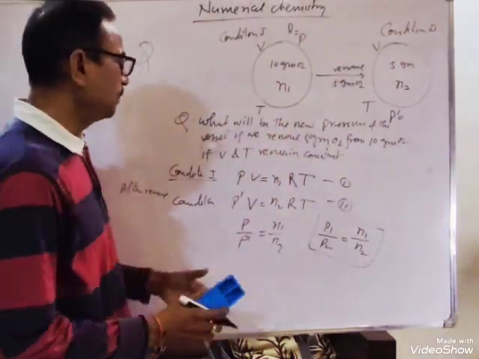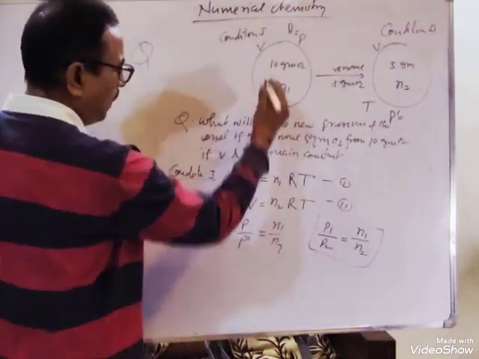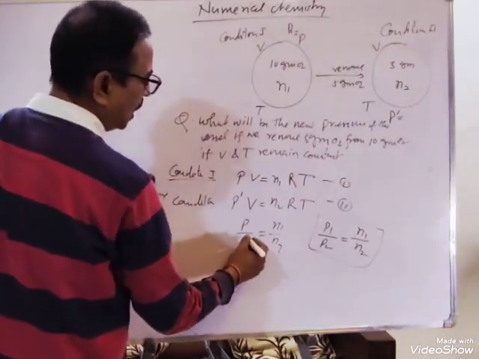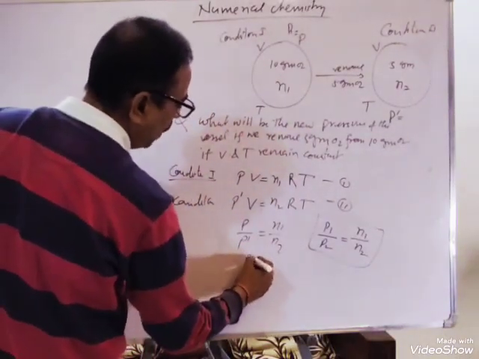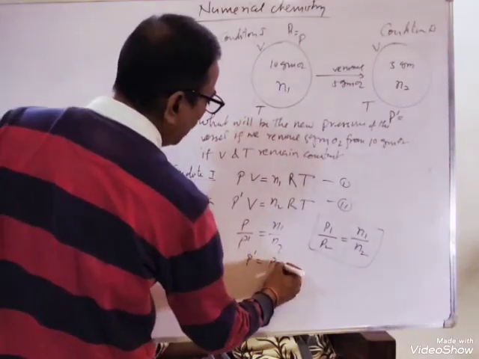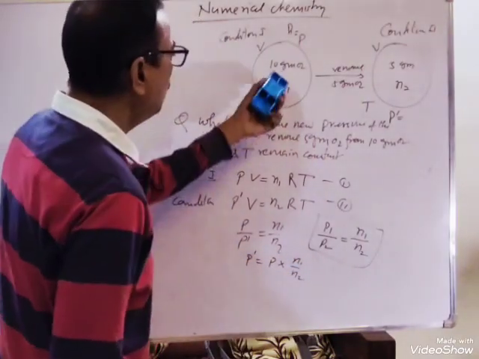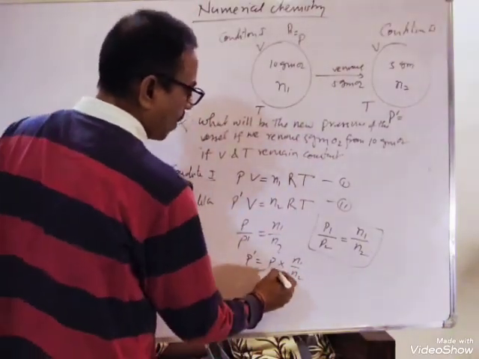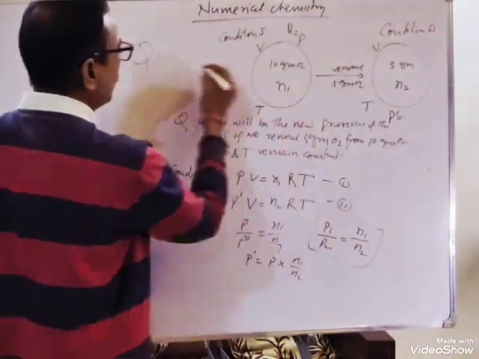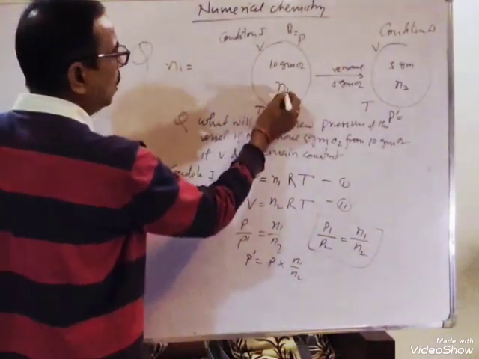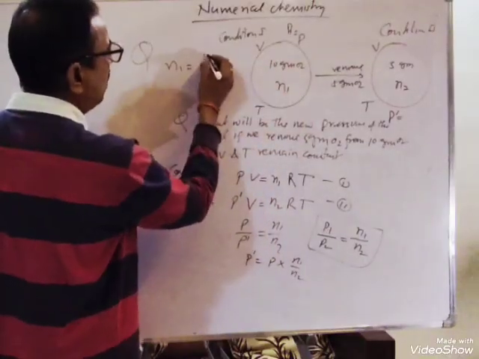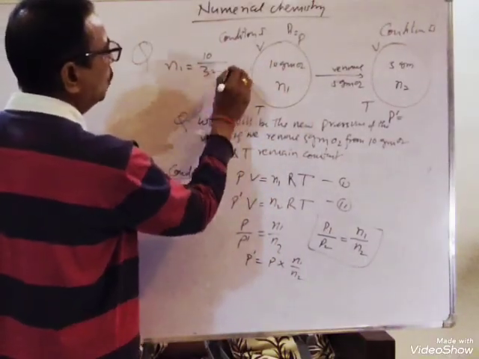Now we just see here pressure is P in first case, second P dash, so value of P dash will be P into N1 by N2. So what is the value of N1? Weight by molecular weight, 10 gram oxygen divided by 32.